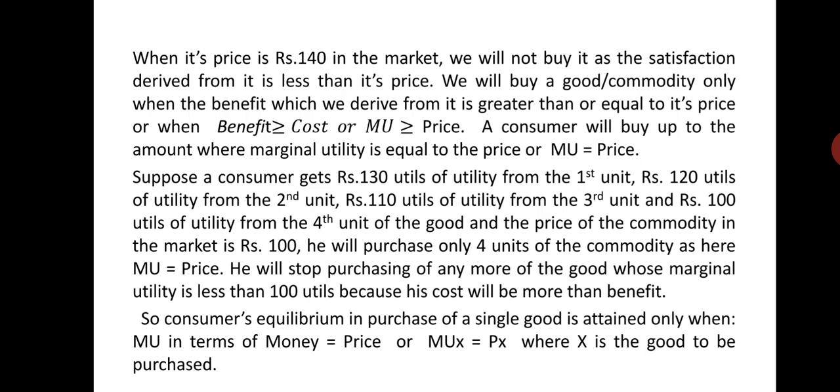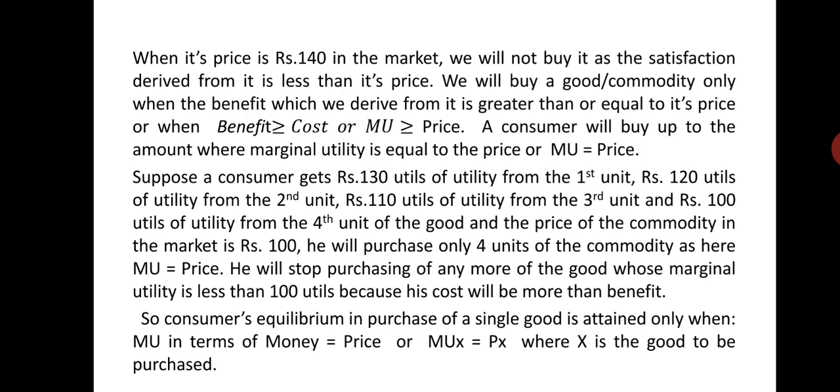When the consumer gets marginal utility less than 100 utils and the price is 100 rupees, he gets less utility by paying more. So nobody will try to purchase a unit of commodity where benefit or marginal utility is less than the price.